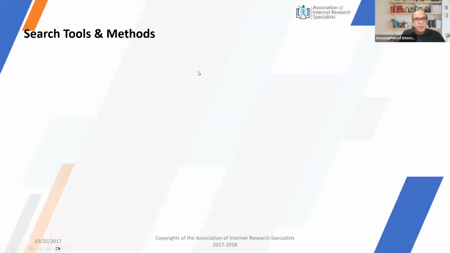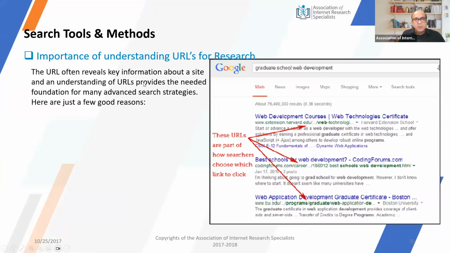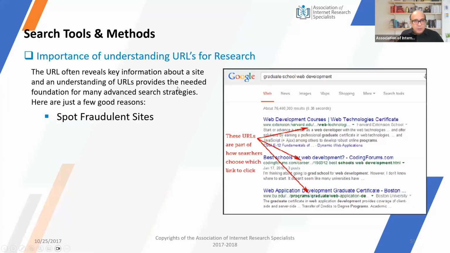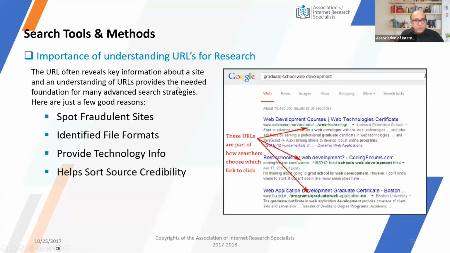So what do the URLs tell you? We are going to see how to spot fraudulent sites, identify file formats, provide technology info, help sort source credibility, differentiate secured websites. So this is the basic information, as I said, that you will gather first.